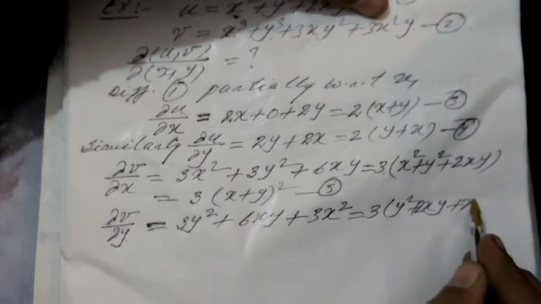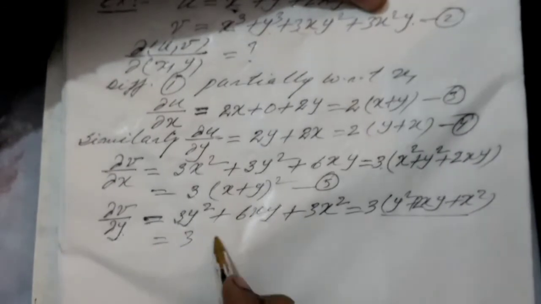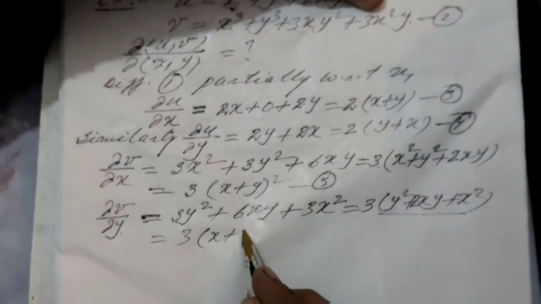So we may take 3 common out of it, and we have y square plus 2xy, plus x square. So if you observe, this is also x plus y or y plus x whole square. So this is equation number 6.